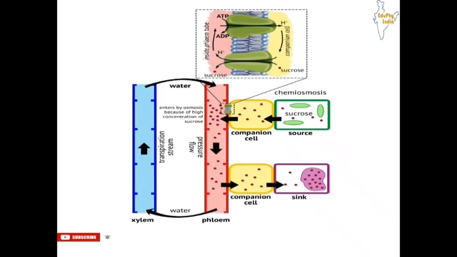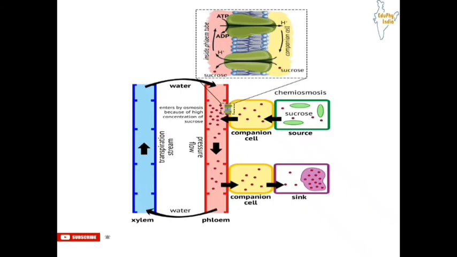First of all, this food from the leaves gets transported to the storage organs of roots, then fruits and seeds. Whenever the plant needs energy, it gets transported from these storage organs to the other parts of the body whenever they need the energy.